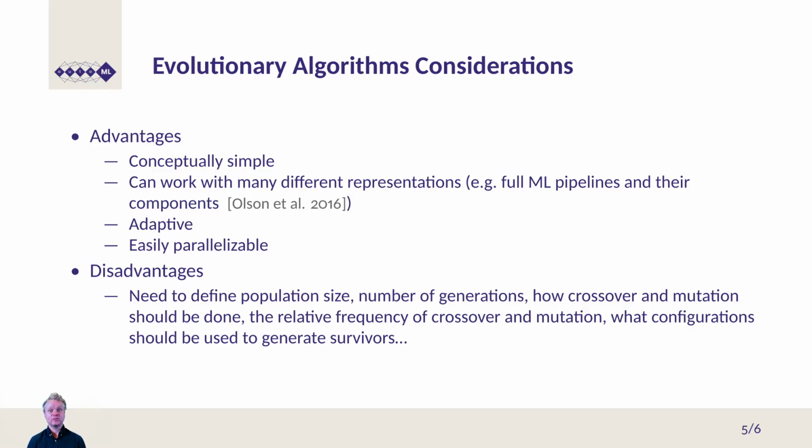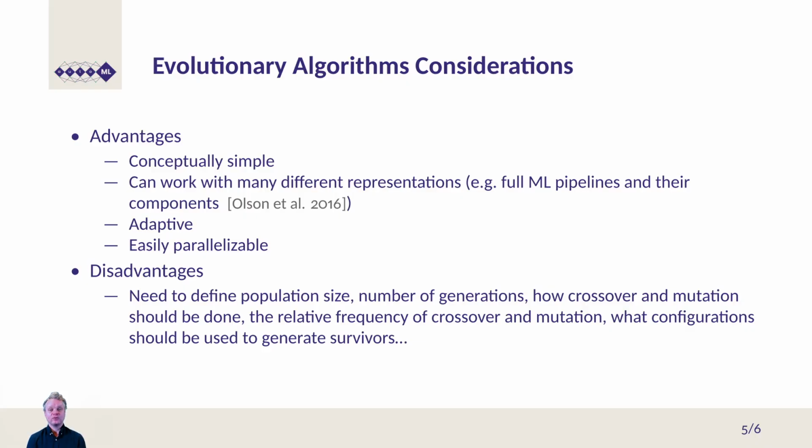There are many things that we need to decide, and I have glossed over a little bit of these before. We need to define the population size, I've already mentioned that, but we also need to define the number of generations. We, more importantly, need to define how crossover and mutation should be done, and this is similar to what we've talked about in the context of local search before, where we need to define what a neighborhood looks like, what a small change looks like.